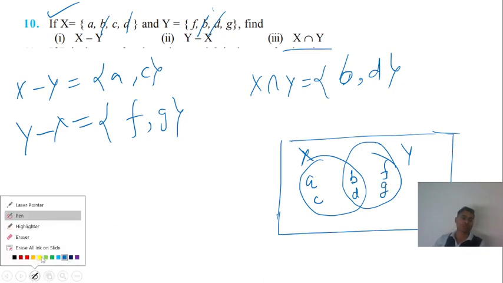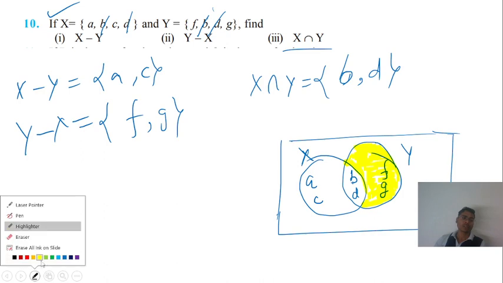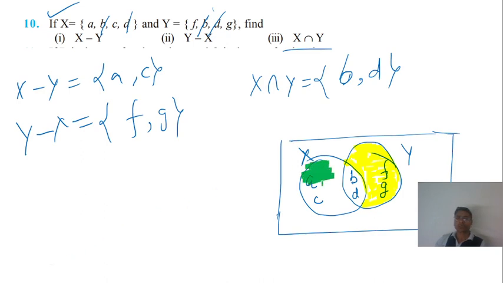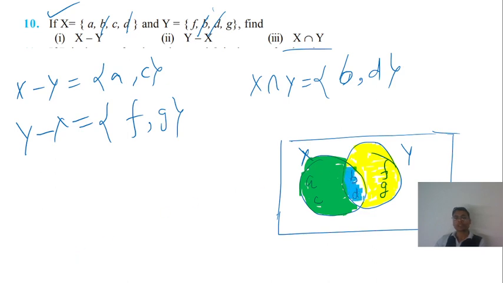So now I will just illustrate something to you, the portion I am sharing right now. This is a region, and another region is here, and this is another region.